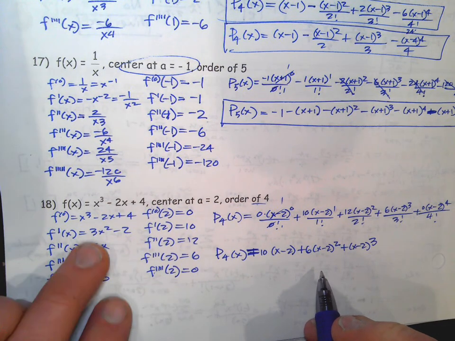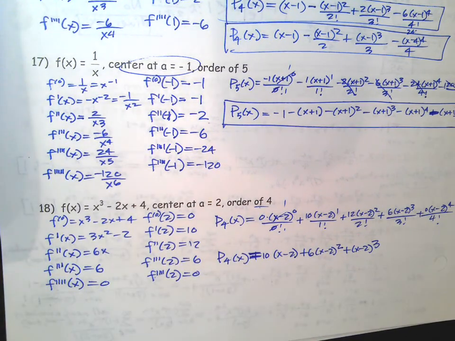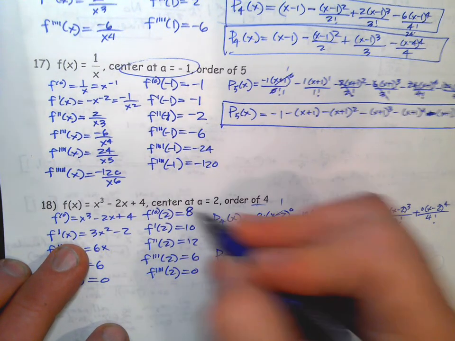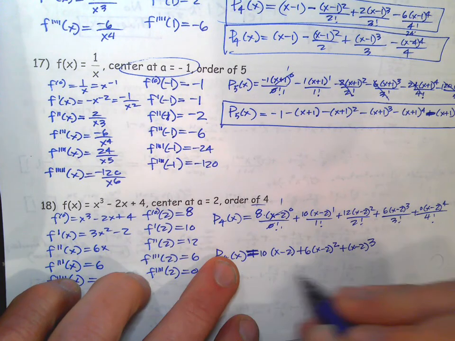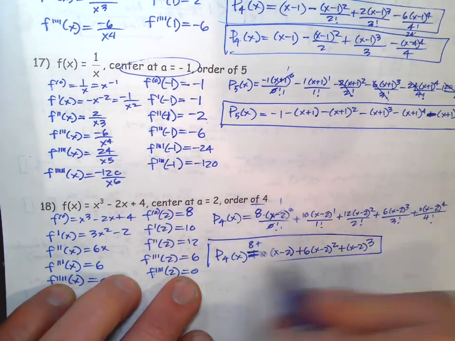Let me just make sure. Okay, 8. Oh, shoot, I messed up this first one. 8 minus 4 plus 4 would be 8. So there is an 8 there. Ugh. A little mistake there.